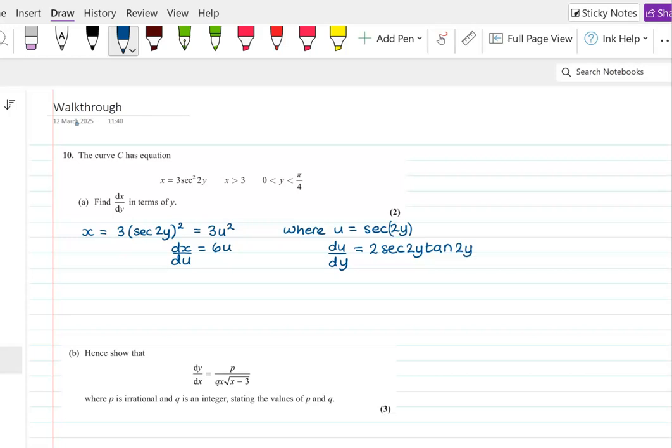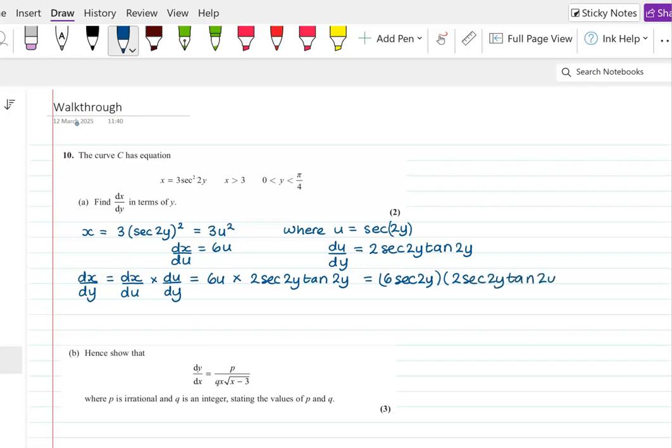Now, if I use the chain rule and I want to find dx/dy, I can do it by multiplying dx/du by du/dy. I like to formalise it like that. And that means I've got 6u being multiplied by 2 sec 2y tan 2y. Because I want to substitute the u back in, that's going to be 6 lots of sec 2y being multiplied by 2 sec 2y tan 2y.